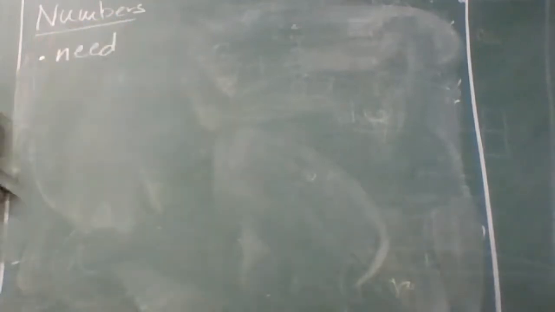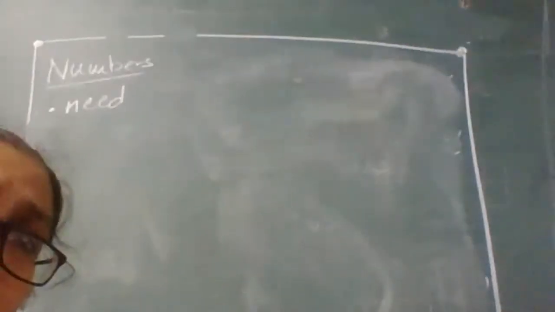In upper primary and middle secondary, you are past whole numbers. So the counting aspect, all those things are gone. Fractions you have started, but still it doesn't hurt to ask students these questions.